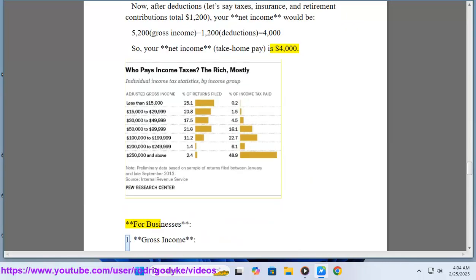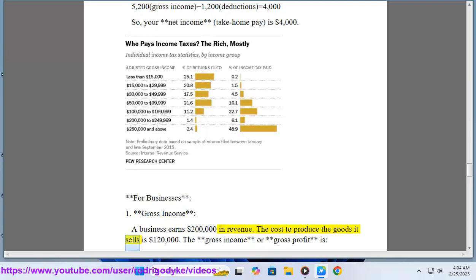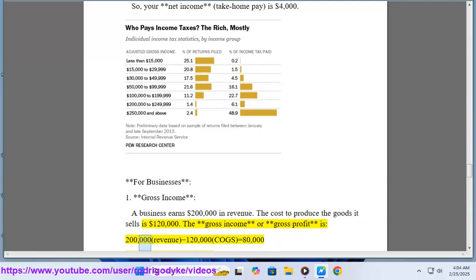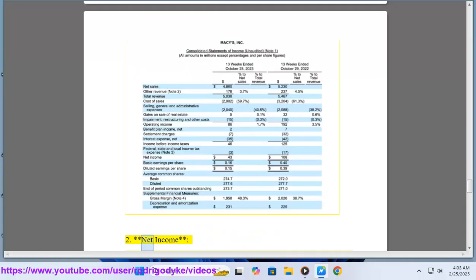For businesses. 1. Gross income. A business earns $200,000 in revenue. The cost to produce the goods it sells is $120,000. The gross income or gross profit is 200,000, revenue, minus 120,000, COGS, equals 80,000, so the gross income is $80,000. 2. Net income.